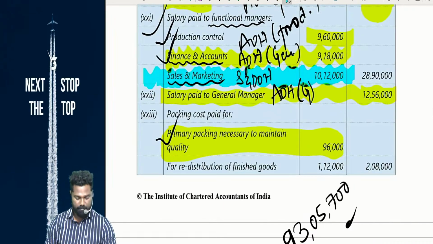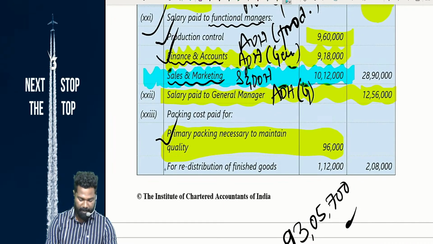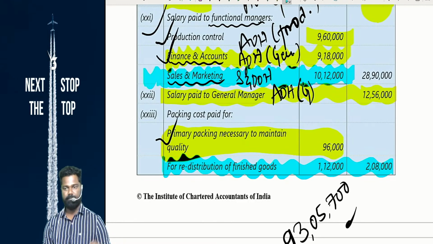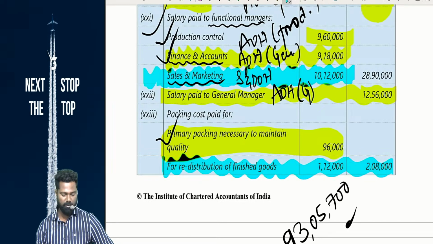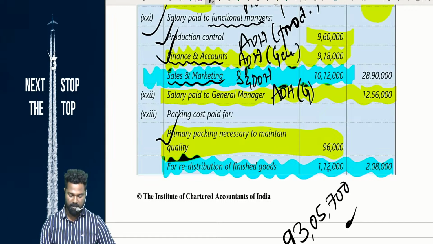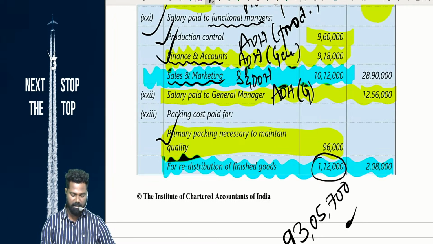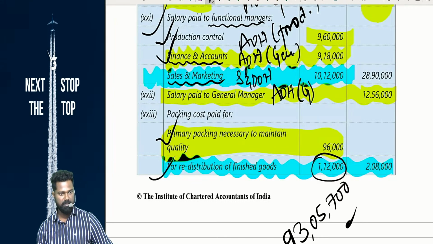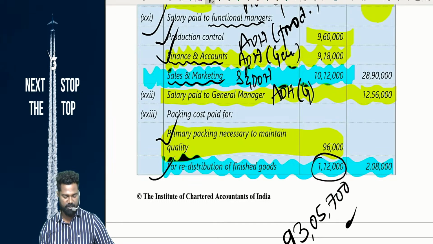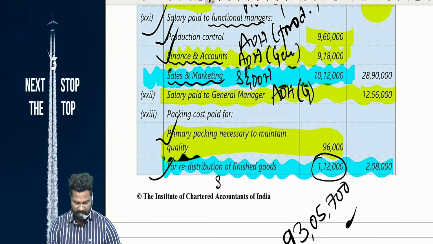Next. Don't you think primary packing cost for redistribution of finished goods will also come here? Write secondary packing. How much is the secondary packing cost? 1 lakh 12,000. Packing for redistribution of finished goods is nothing but secondary packing.